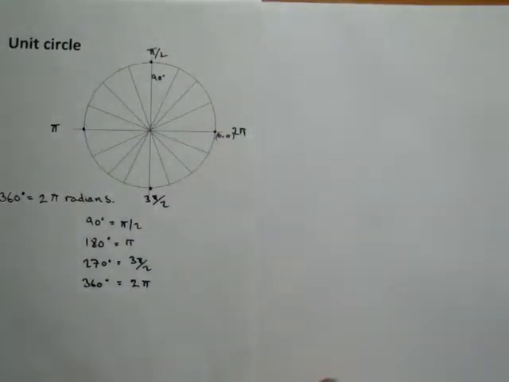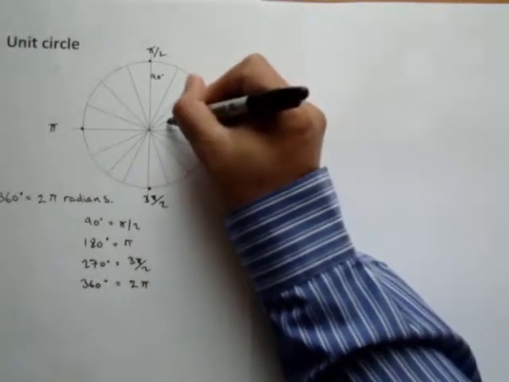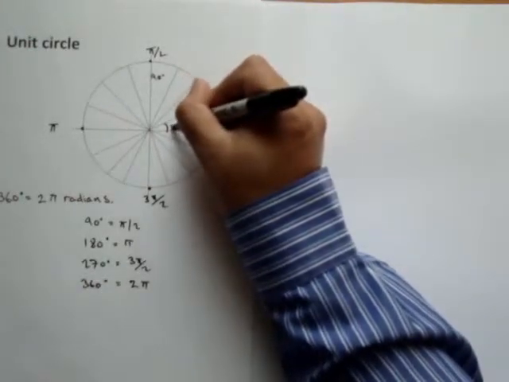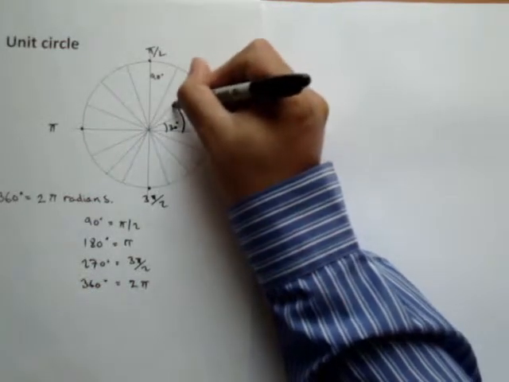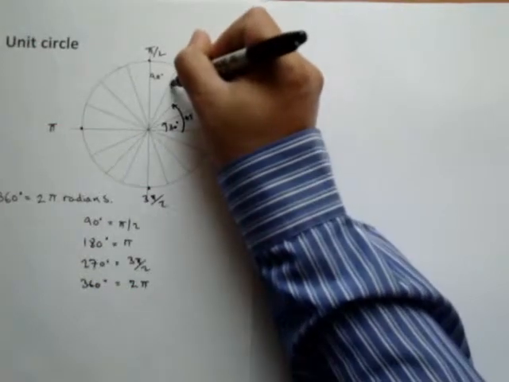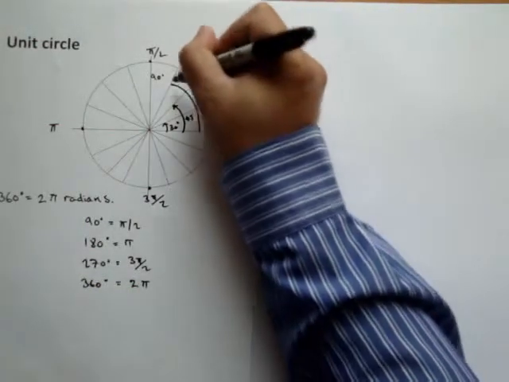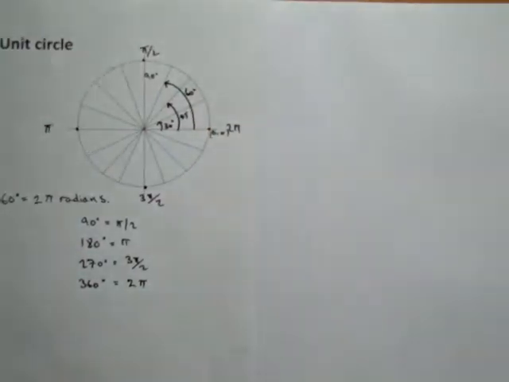Then what we do is we split our circle into 30 degrees, 45 degrees, and 60 degrees.